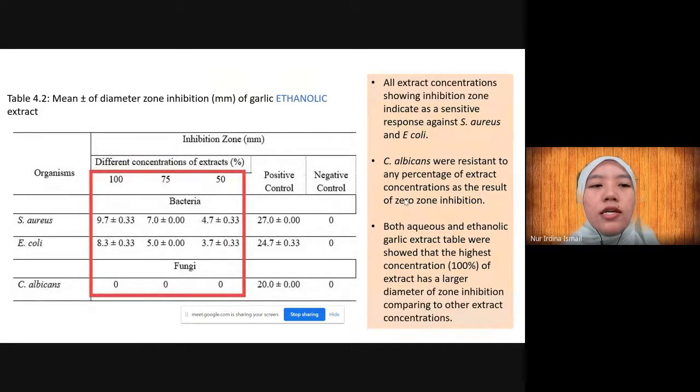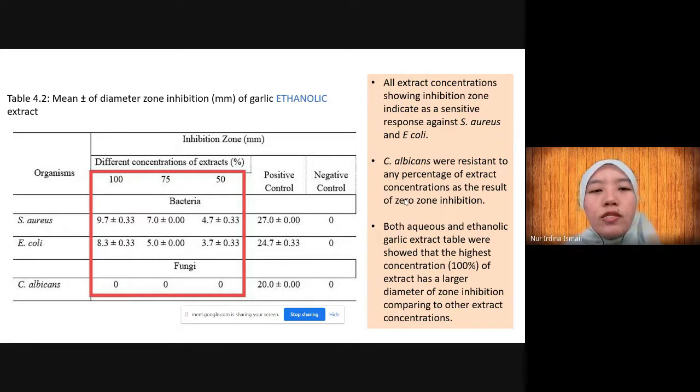Next, the table of the mean diameter of zone of inhibition of the garlic ethanolic extract. All three extract concentrations show an inhibition zone, indicating a sensitive response against Staphylococcus aureus and E. coli. But Candida albicans was resistant to any percentage of extract concentration, as the result was zero zone of inhibition.